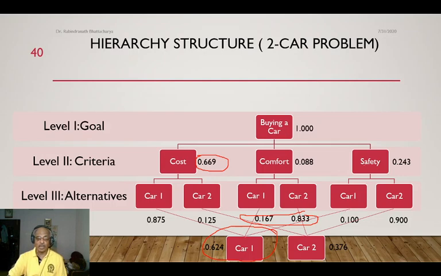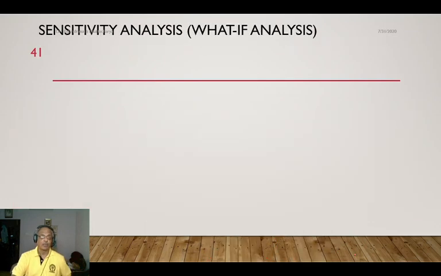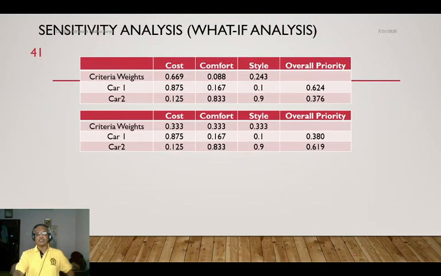That is why I have connected car 1, car 1, car 1 by these lines, so that you can put these numbers and add them up to get the priorities. So it is 0.624, so car 1 is the best car. Who ranks first? Car 1 ranks first. So what is the sensitivity analysis?